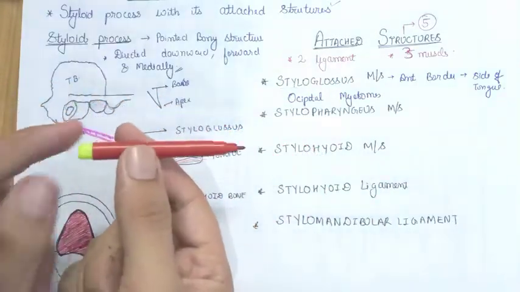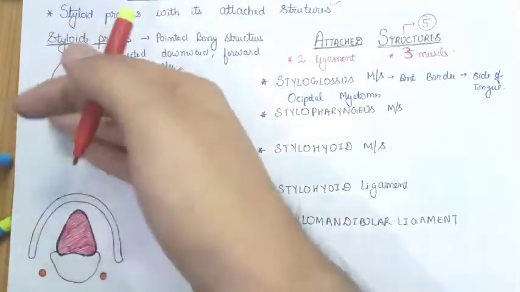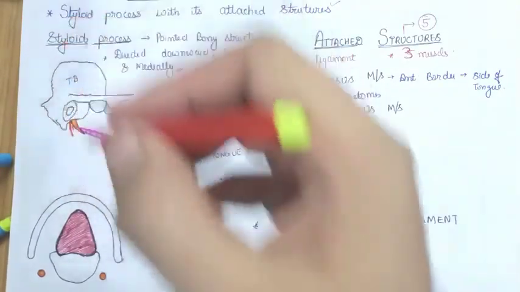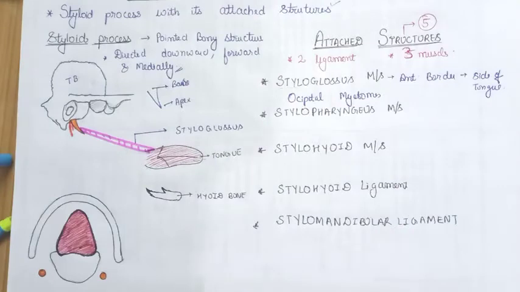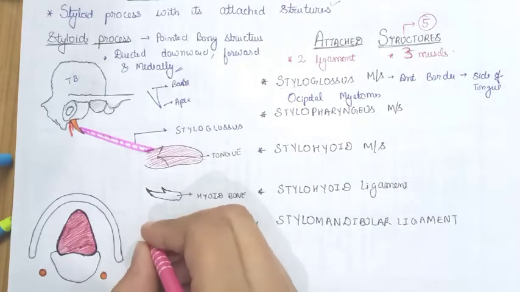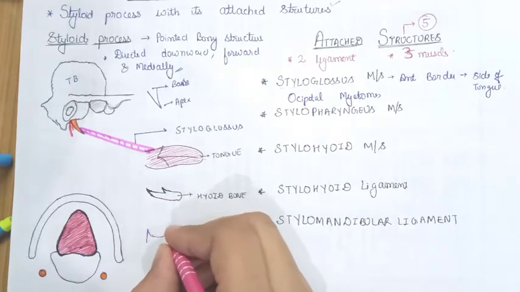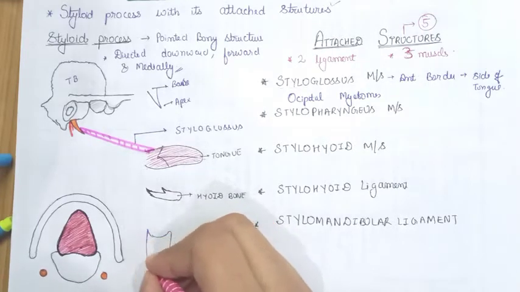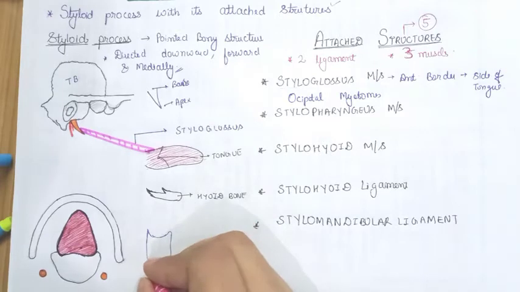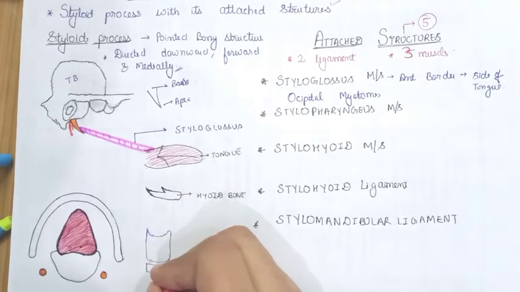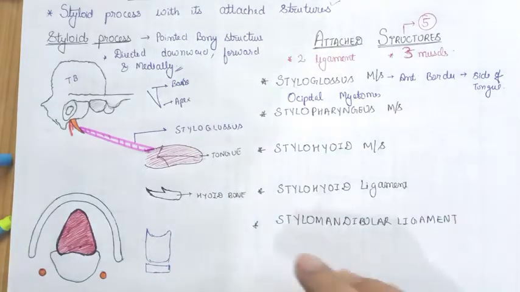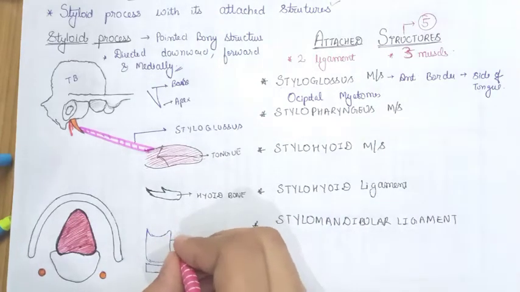So the medial portion of the base, that is at the back of it, is the origin, and it is inserted into the lateral lamina of the thyroid cartilage of the larynx. If I make the larynx over here, suppose this is the thyroid cartilage, and this is the cricoid cartilage. This is just a schematic diagram we are making. This is the thyroid cartilage.